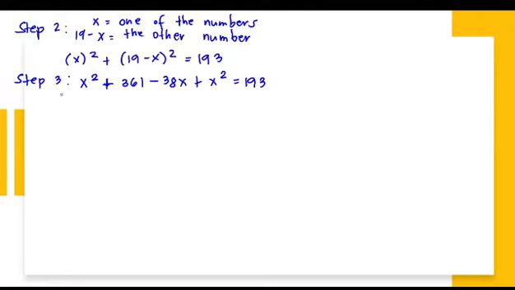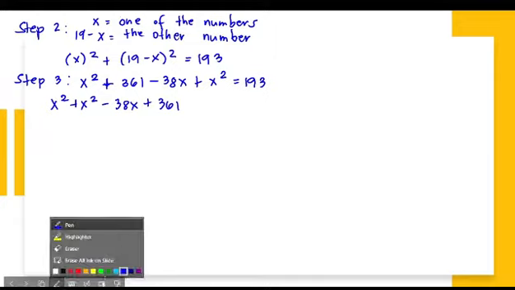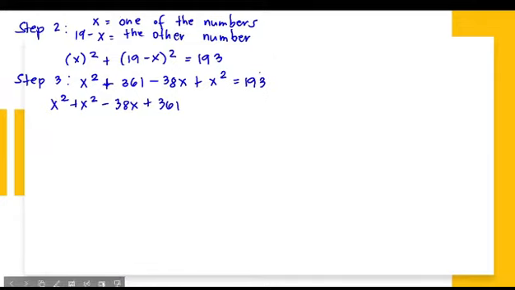And then we convert it into standard form. Arrange lang natin. Unahin natin yung mga quadratic terms. X squared plus x squared. Followed by the linear term. Isa lang naman yan. 38x. Tapos the constant terms. 361. And then etong 193 lipat natin to the other side.